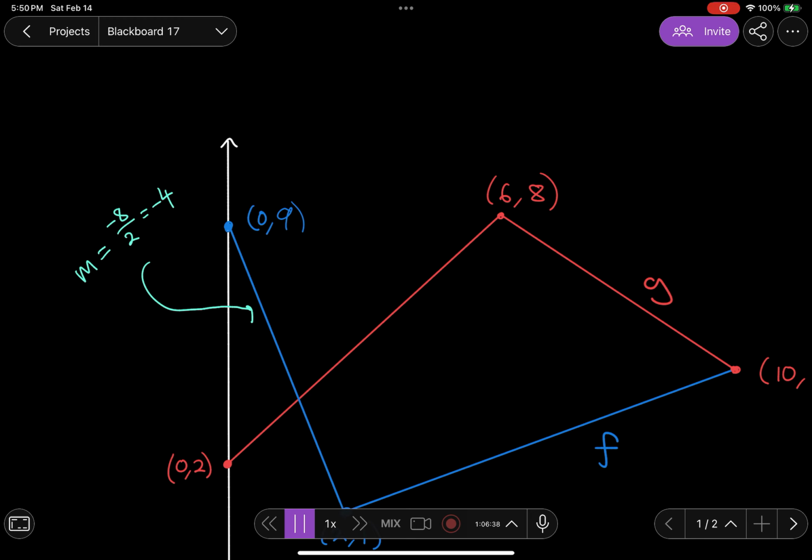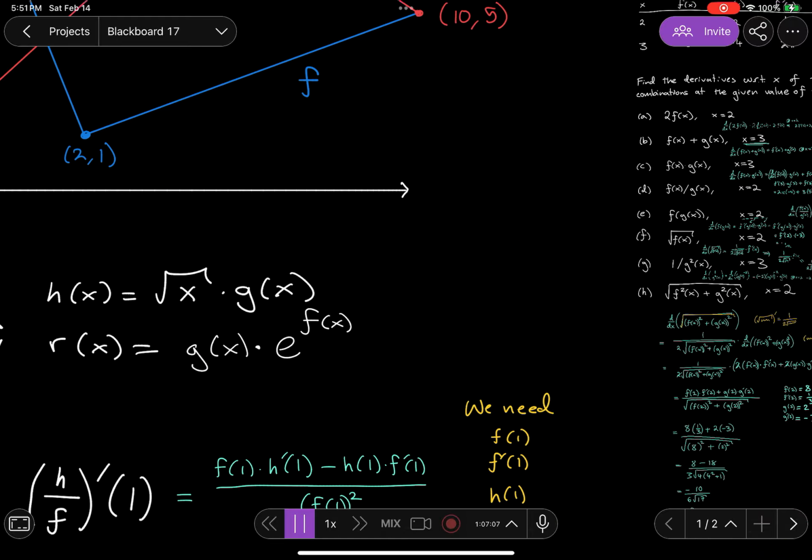And what that means is that every step I take along the x-axis, my output decreases by 4. So in other words, f of 0 was 9, but when I take a step, the output will decrease by 4, telling me that f of 1 is equal to 5. Because again, that's 9 minus 4. Figured out what f of 1 is.